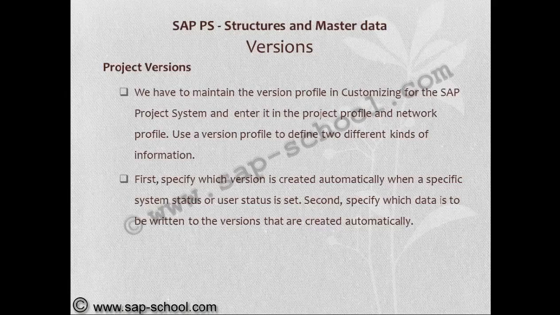Use a version profile to define two different kinds of information. First, specify which version is created automatically when a specific system status or user status is set. Second, specify which data is to be written to the versions that are created automatically.